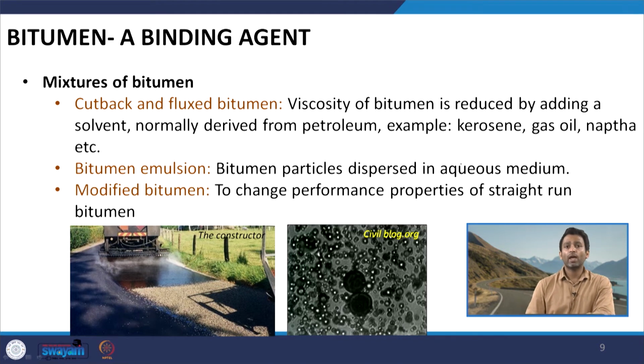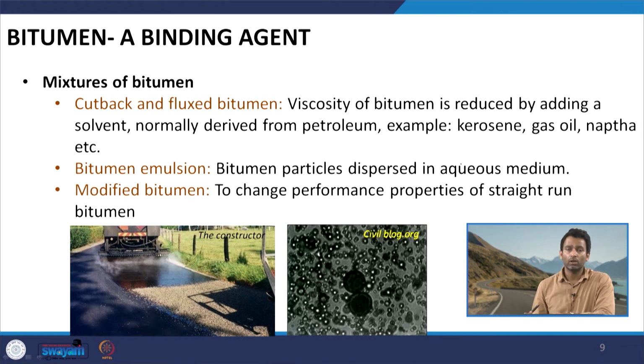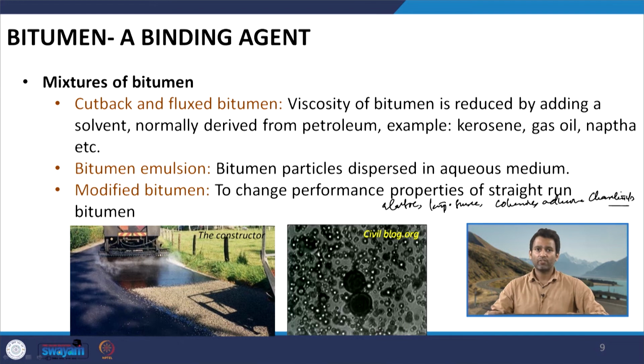Here we add certain additives to the base bitumen to change the performance characteristics, and there can be various performance characteristics we can be dealing with. For example, we can change the elastic properties, we can change the temperature susceptibility, we can change the cohesive and adhesive characteristics of the base bitumen depending on our specific target.